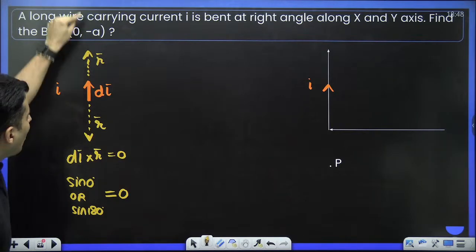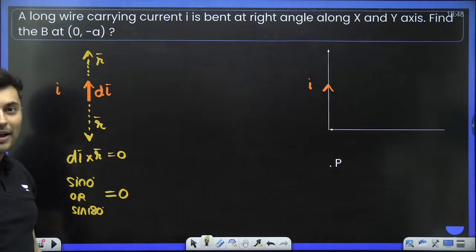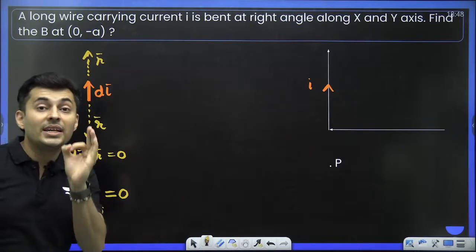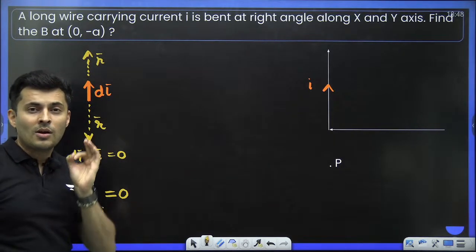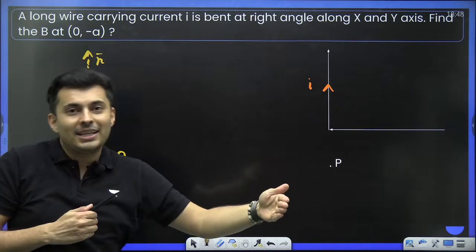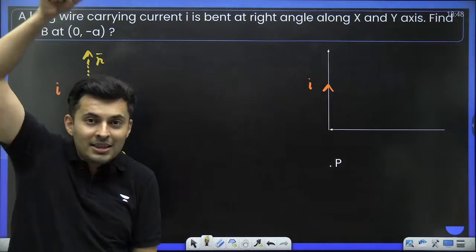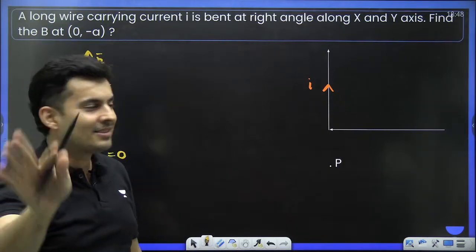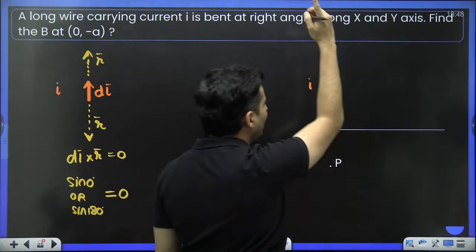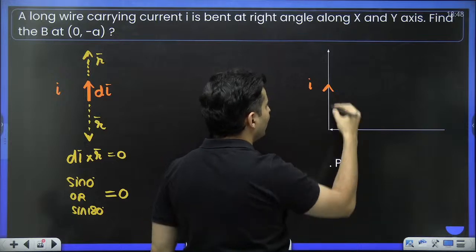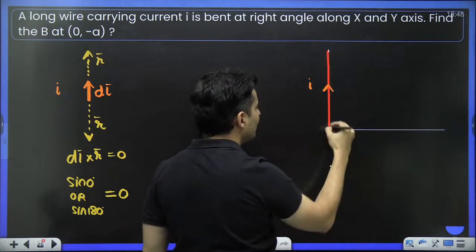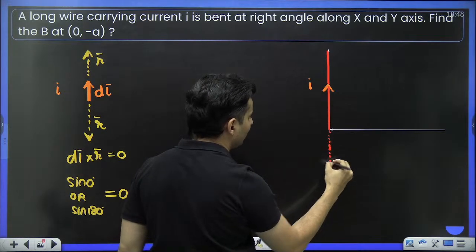That means on the axis of the wire, what does this tell you? On the axis of the wire, the field is 0. If you go away from it, yes, it is there. If you are on the extended part of the wire, the field is 0. That means if you take this particular wire, my dear warriors, isn't this point on the extension of the wire?